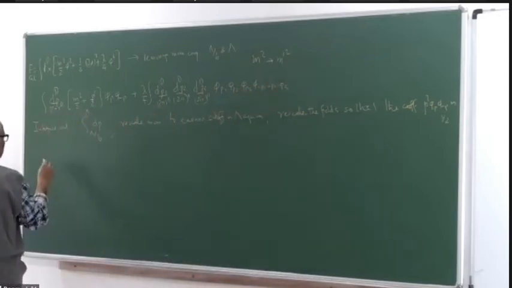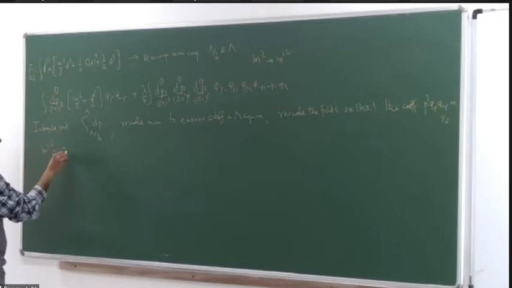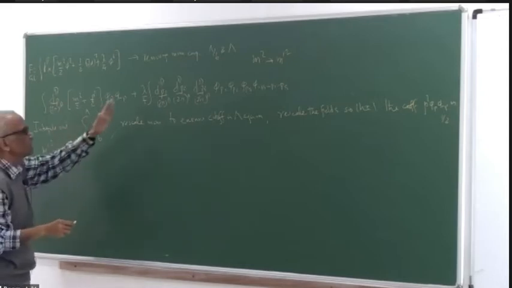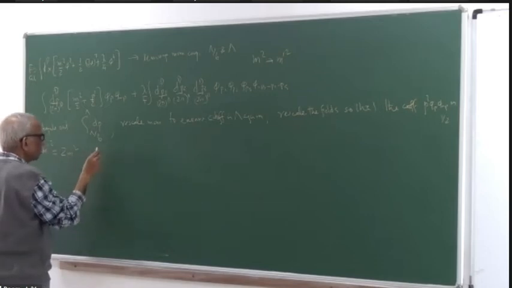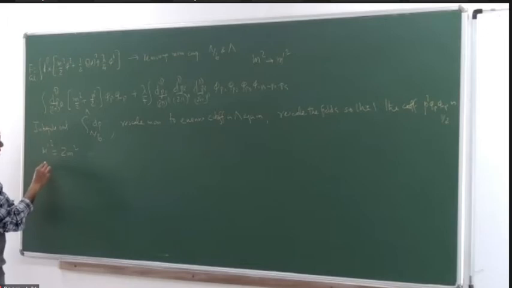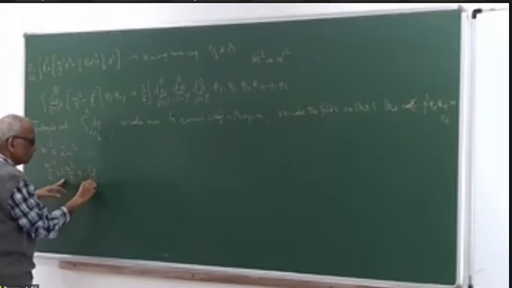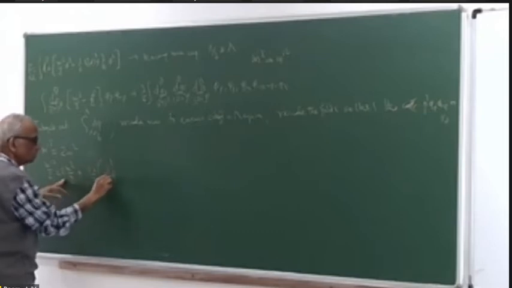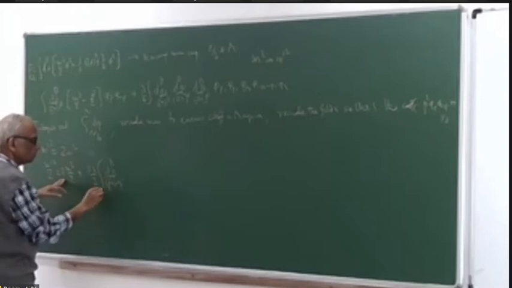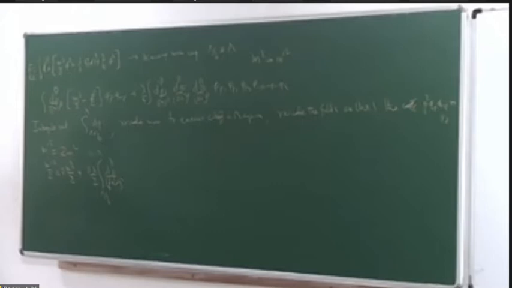We obtain m′² as m² over 2 into this 2 over here, plus 3λ/2 times the integral d^dp over (p² plus m²), from Λ/b to Λ.